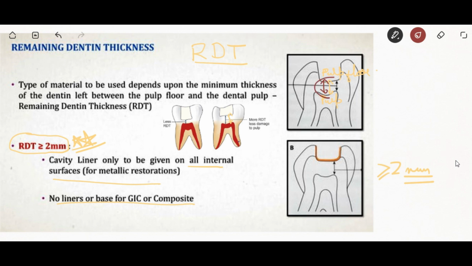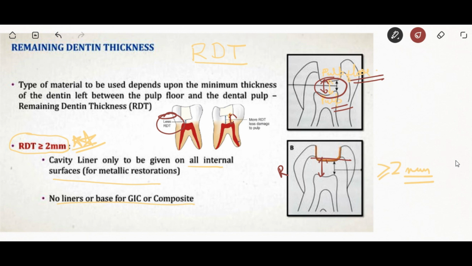If the remaining dentine thickness is greater than or equal to 2 mm, then you have to give cavity liner only on all internal surfaces for the metal restoration, and no liner or base is given for GIC or composite.